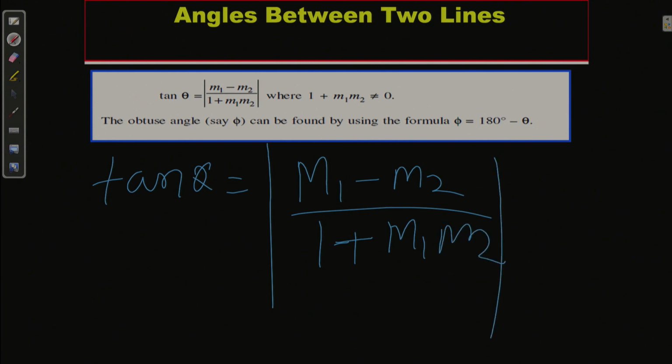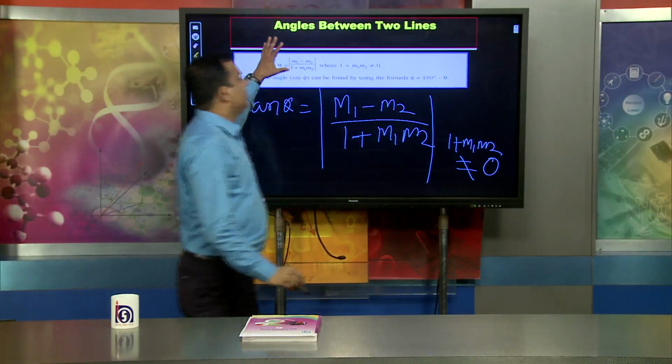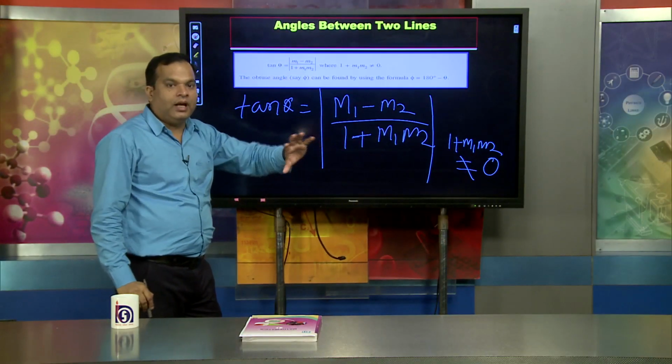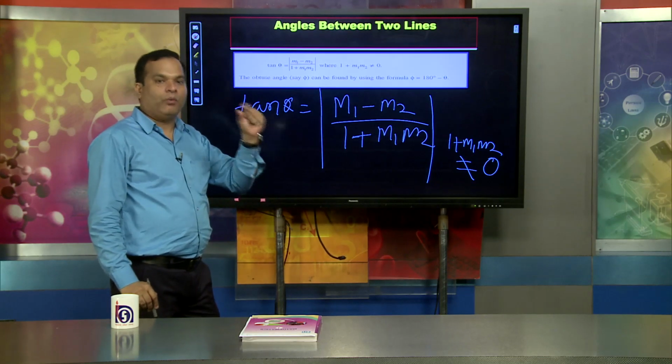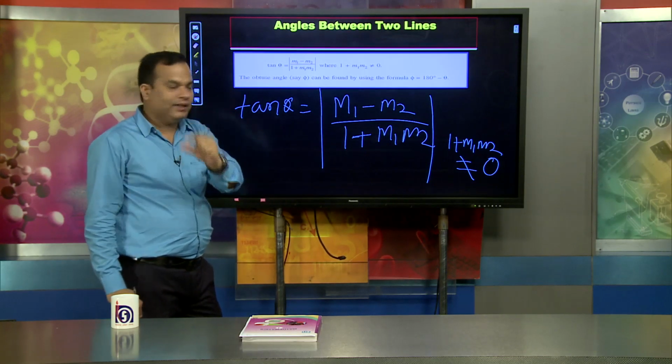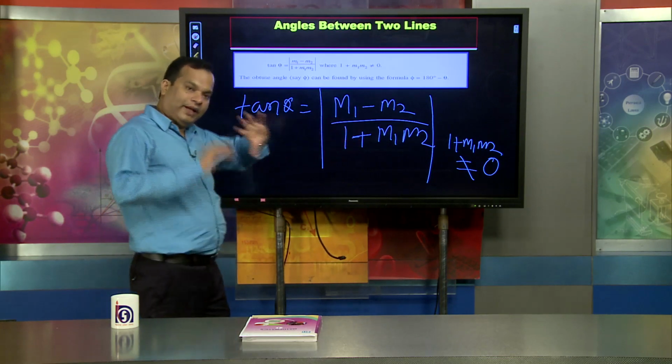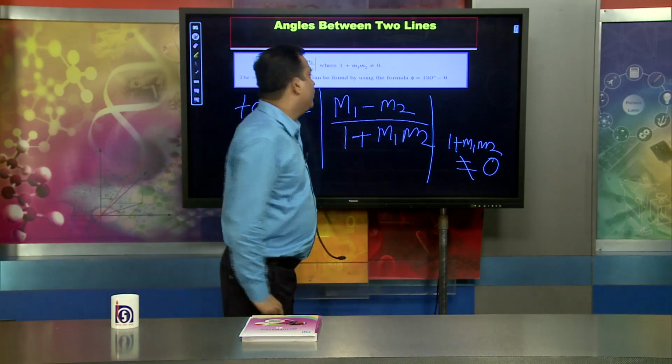That is the formula, and the condition is that 1 plus M1 into M2 is not equal to 0. Then we can find the angle between the two lines. That is the acute angle. The obtuse angle will be 180 degrees minus this angle. So we can find the angle between the two lines.